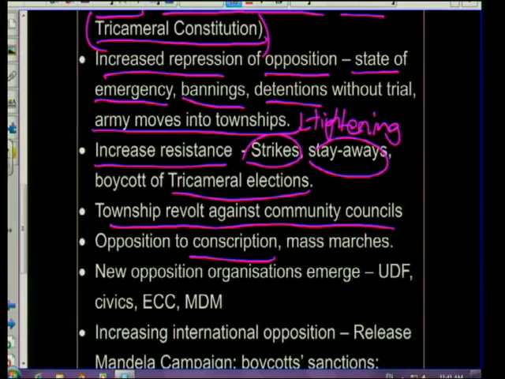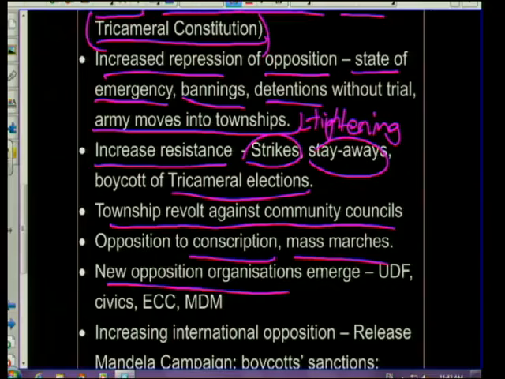And the opposition to the End Conscription Campaign, where white soldiers felt that they didn't want to do this anymore. They felt they are fighting for a country that does not have freedom, and it was not really worth it. Mass marches took place in townships, in cities, in residential areas, in public places.